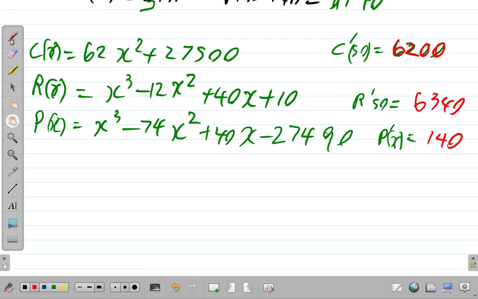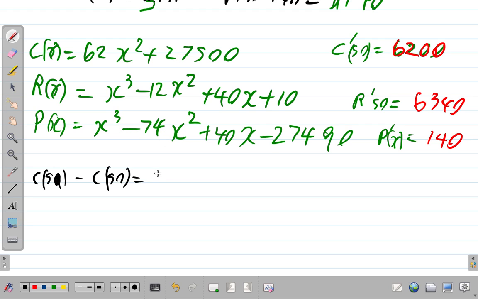Now, what would be the cost of 50 items and then the cost of 51 items, and subtract them? So C51 minus C50 would be what?